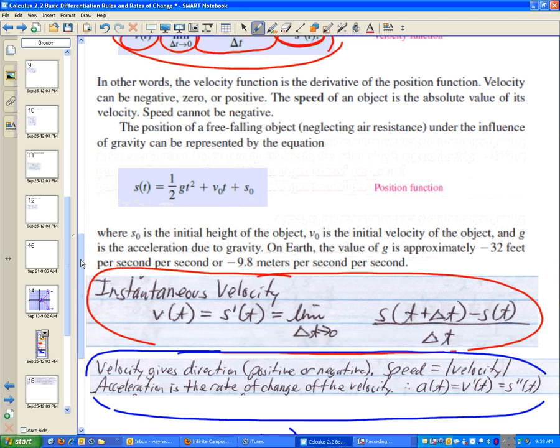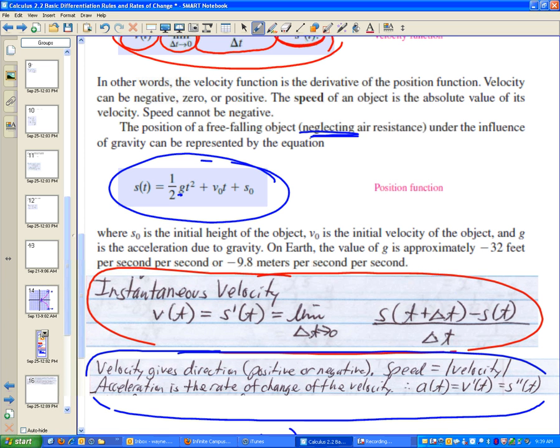In general, and you don't have to memorize this yet, if you've got a free-falling object and you neglect air resistance, can you really ever neglect air resistance? Not really. Okay? That's the position function of a falling object neglecting air resistance. It's 1/2 times the force of gravity.